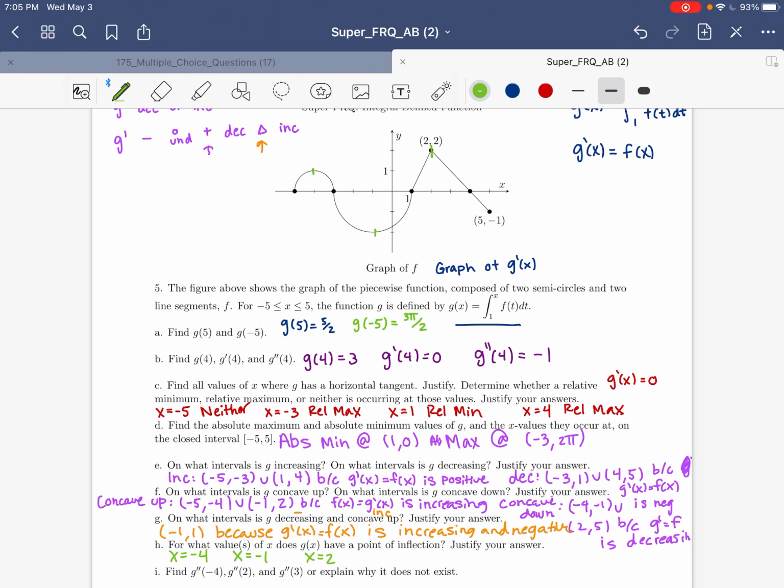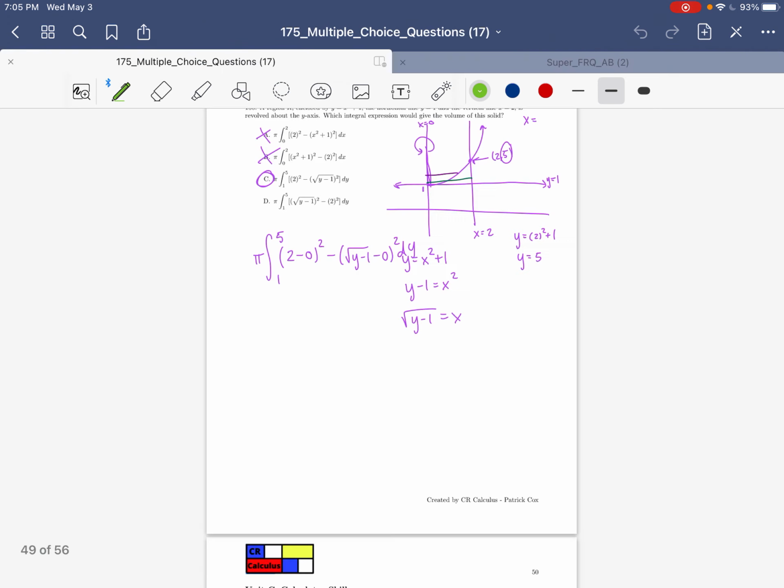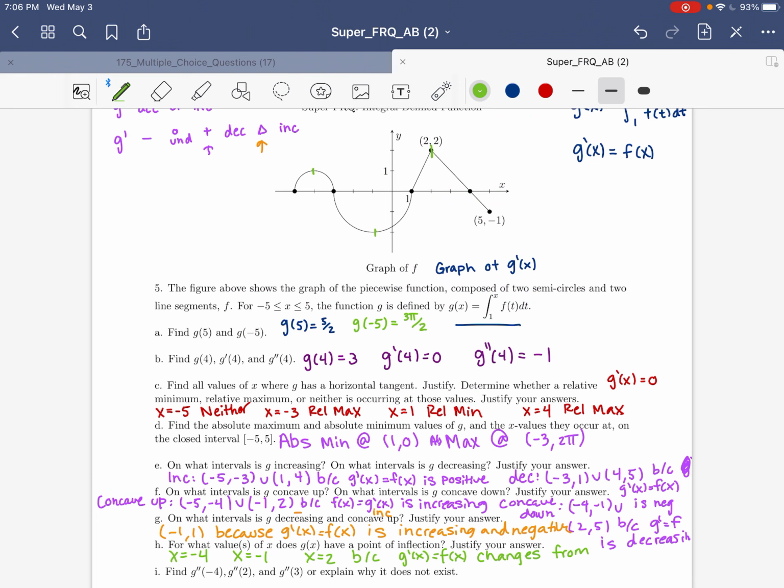Increasing until right here at x equals 2. And then it stays decreasing the whole time. And our reasoning would be because g prime of x equals f of x changes from decreasing to increasing, or vice versa.